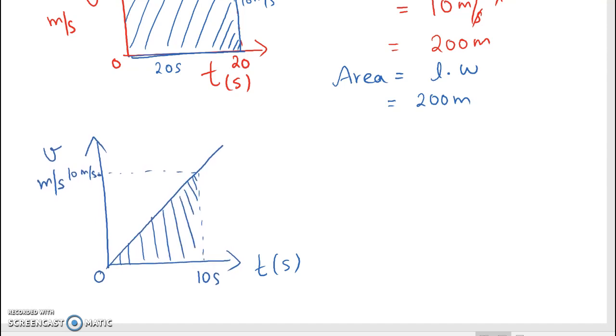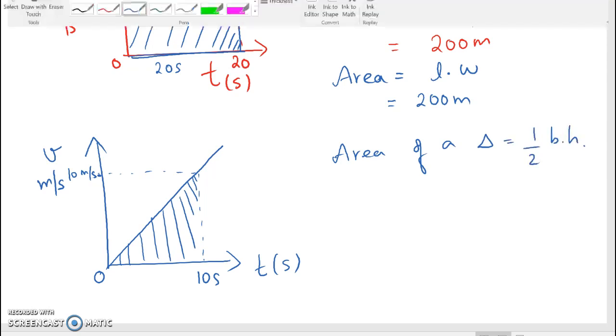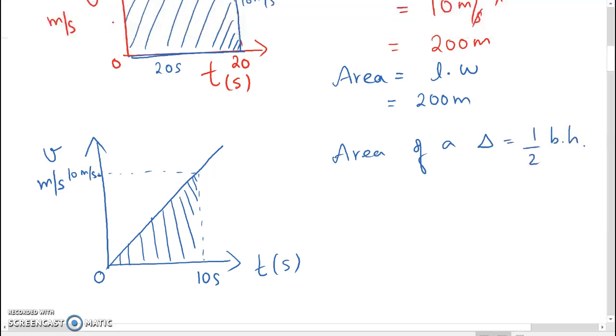So what does this shape look like? Yes, it's a triangle. We know that the area of a triangle is 1/2 base times height. The base here is just 10 seconds. The height here represents 10 meters per second.